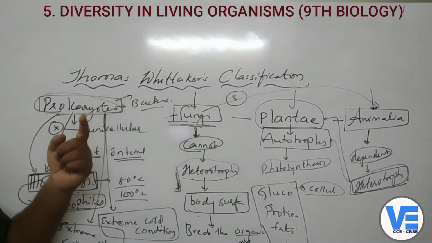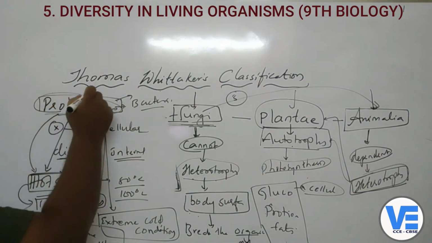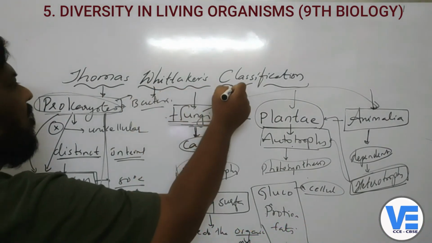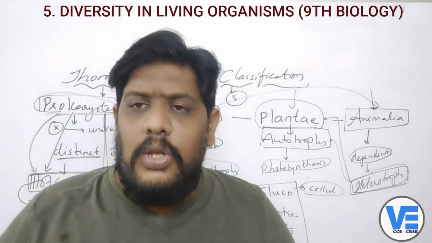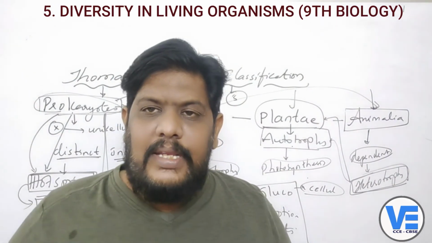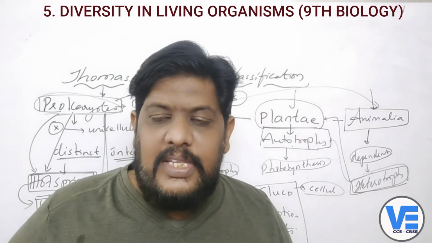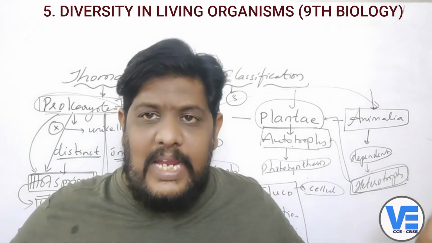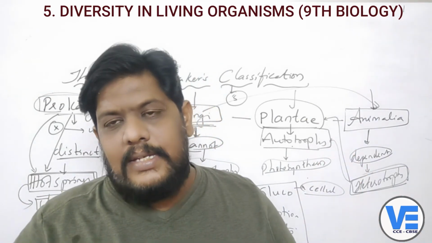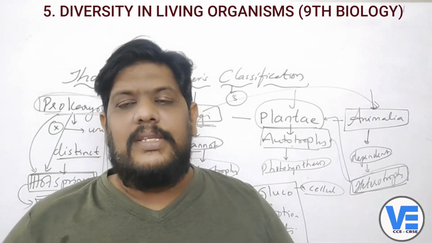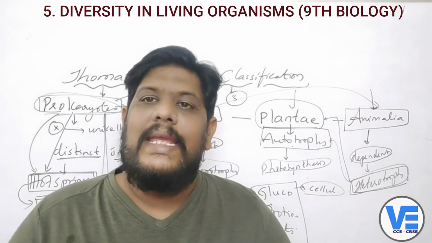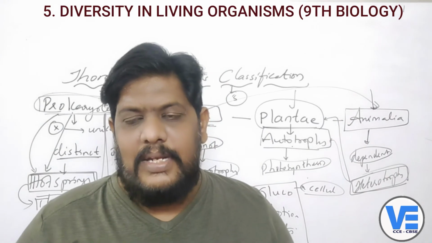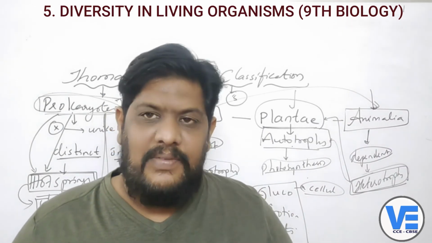So that's why there was a chance to make some more modifications in the Whittaker classification. The biologists of this century started making modifications. They did not completely change the model, but they made some modifications which made the classification easier and simpler. So they simplified the classification.